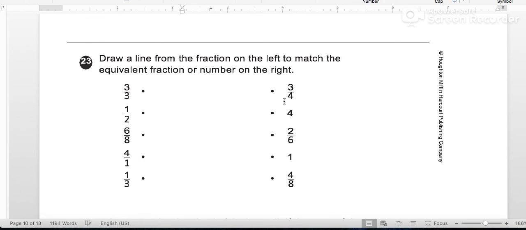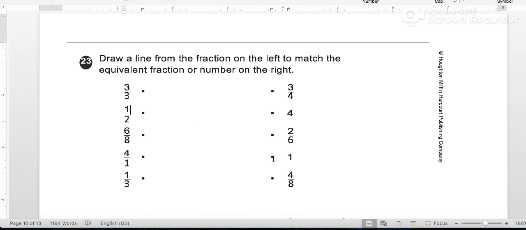So your lines are going to be going from left to right. For example, we learned that a number over itself is 1. So 3 over 3 is equivalent to 1. So your line would go from this dot to this dot.